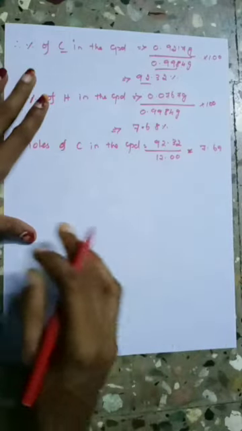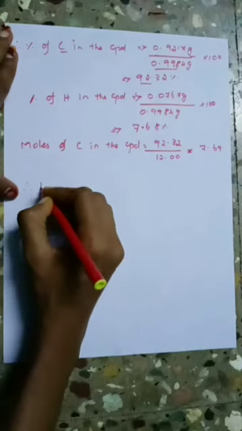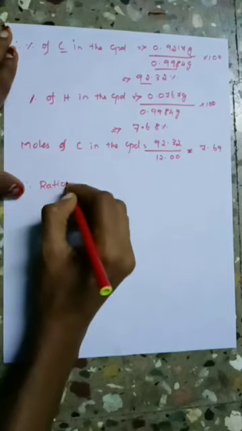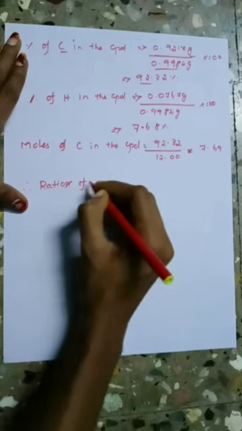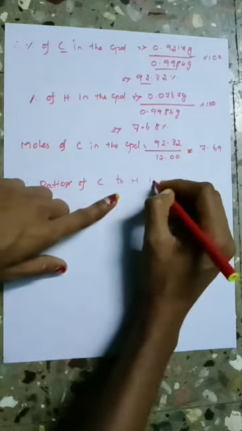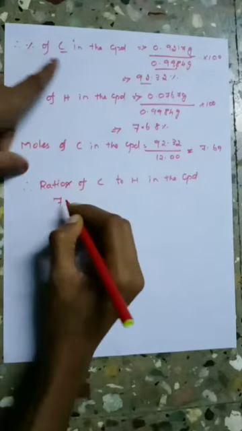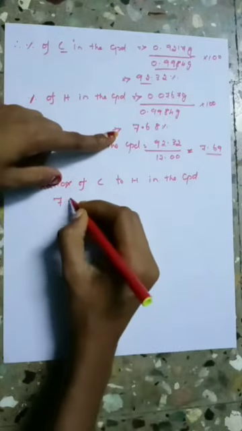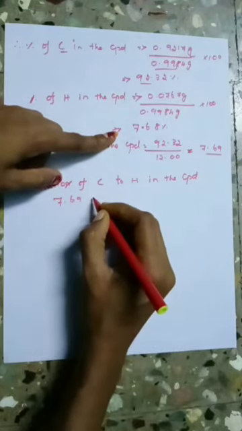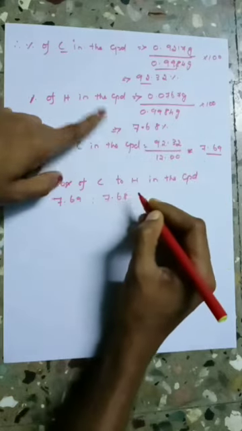So the ratio of carbon to hydrogen in the given compound: 7.69 for carbon and 7.68 for hydrogen.